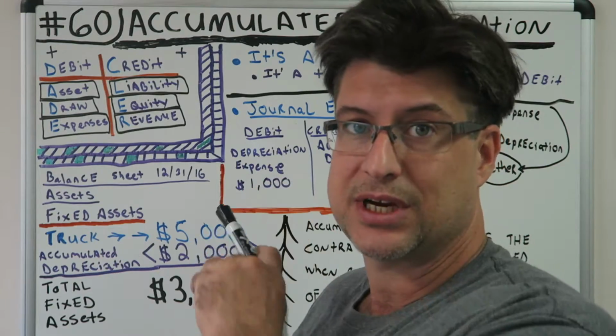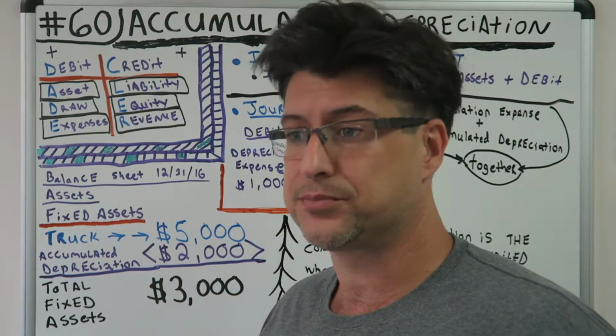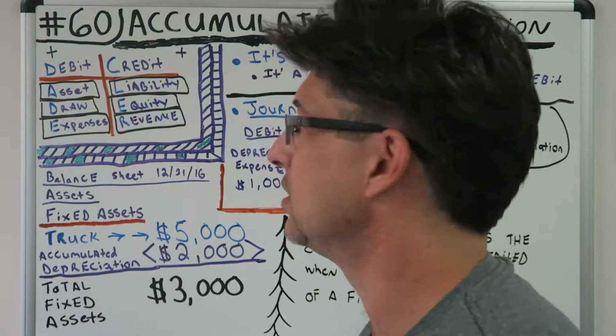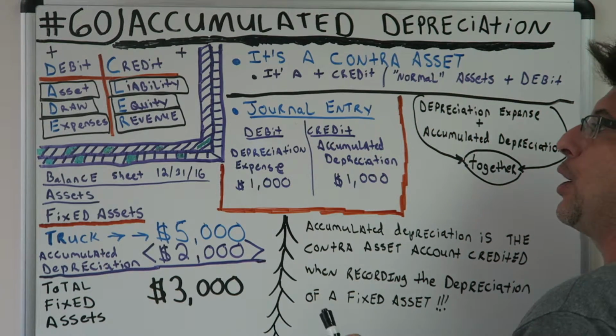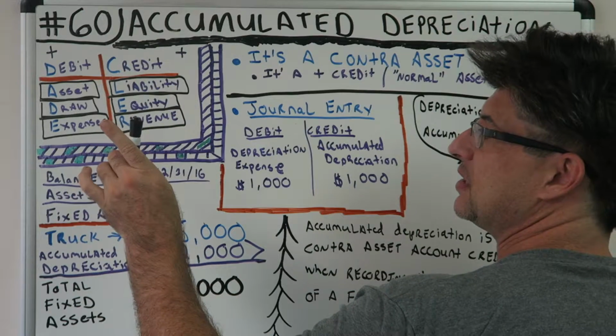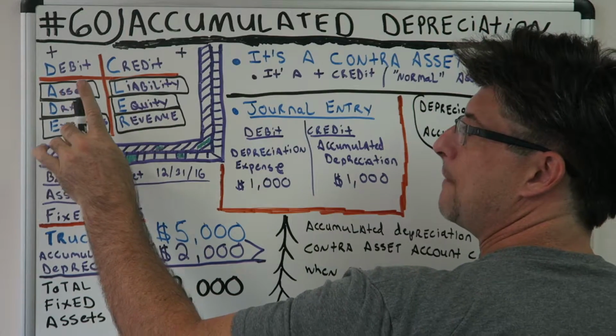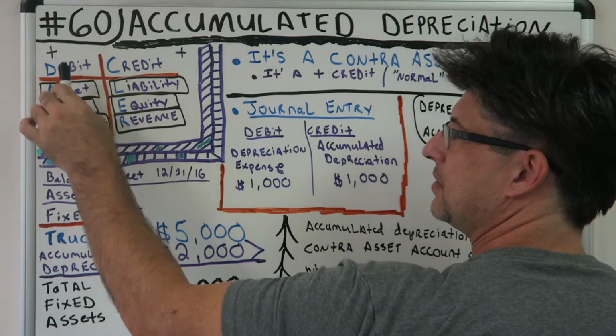The reason they call it contra asset is that it's contrary to what normally happens. Normally, if an asset is increasing, you'd have a normal balance of a debit.